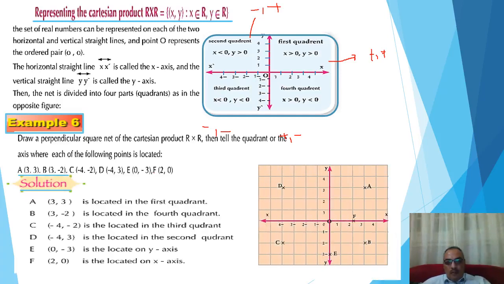Draw the Cartesian plane and plot A, B, C, D, E, F: (3, 3) here, (3, -2), and C (-4, -2). It's very easy. D and E are located on the y-axis, F is located on the x-axis.